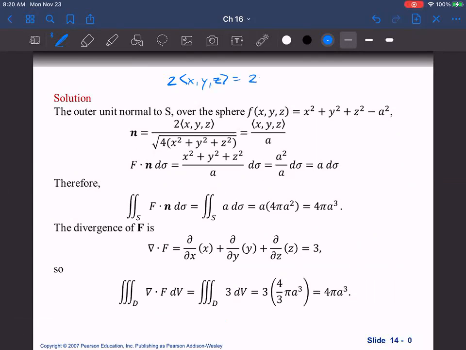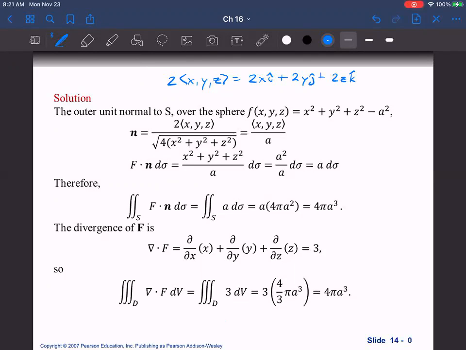That just means 2xi plus 2yj plus 2zk, that's all that vector is. And then divided by its own magnitude, which makes sense. You just have a vector that points the same amount in x, y, and z and is over the radius a to give us it in the normal, so its own length. And so that's pretty much it.